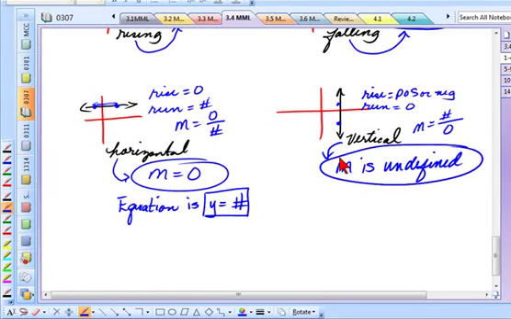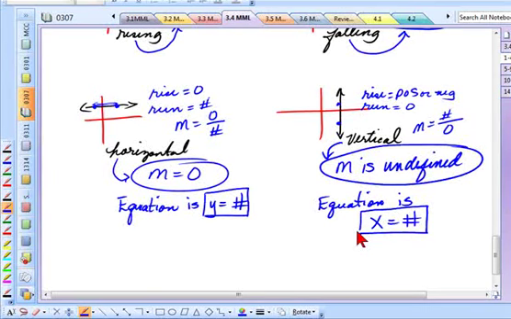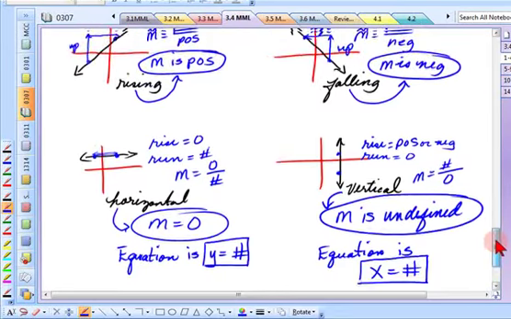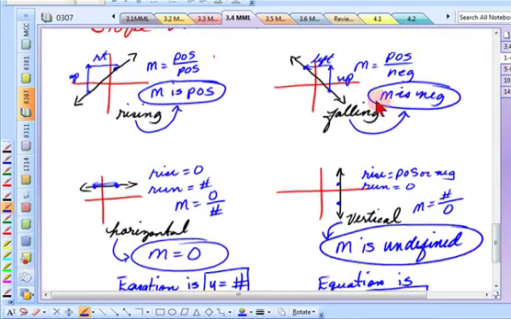A vertical line cuts through the x-axis. Its equation is x equals a number. You might wonder or be thinking, well, how about these two cases?